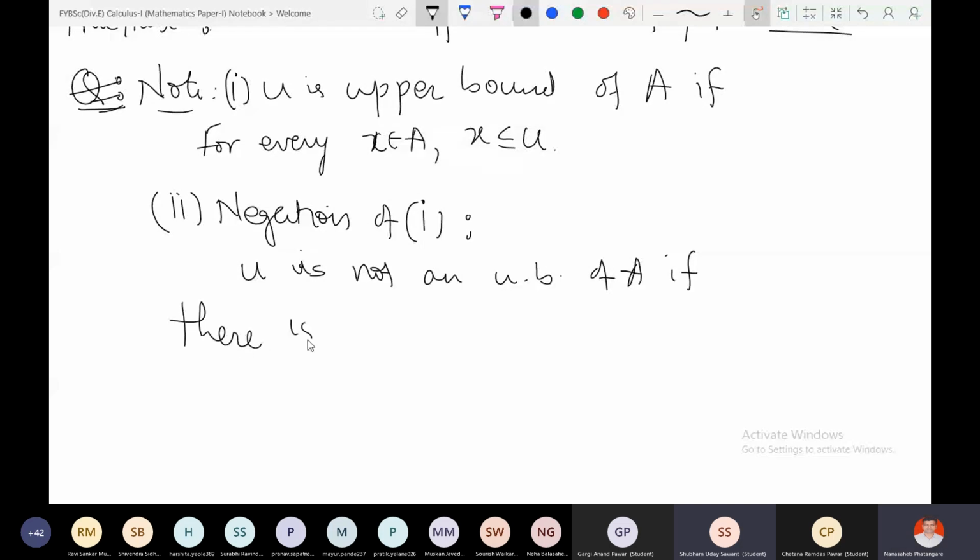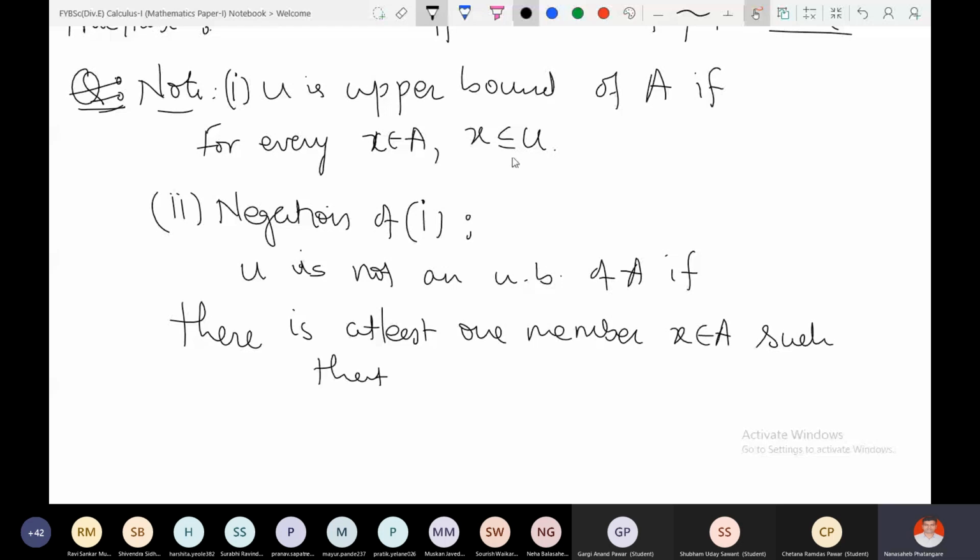There is at least one member x in A for which x less than or equal to U fails, that is, x is greater than U. Is it logically correct?